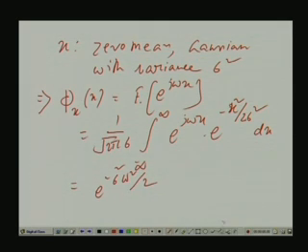But now suppose x is not zero mean, but it has got a finite mean mu. Okay, then what happens? First let me erase this.